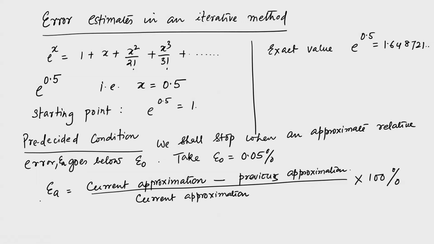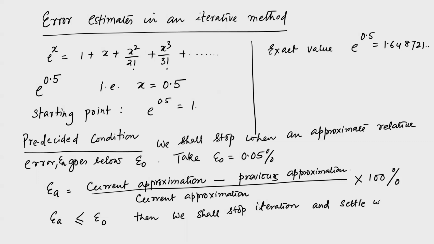So, that is my approximate relative error, and it is also expressed in percentage. So, if this epsilon A goes below or equal to epsilon 0, then we shall stop iteration, which means including successive terms, and settle with the value of exponential 0.5. So, let us see how this happens.